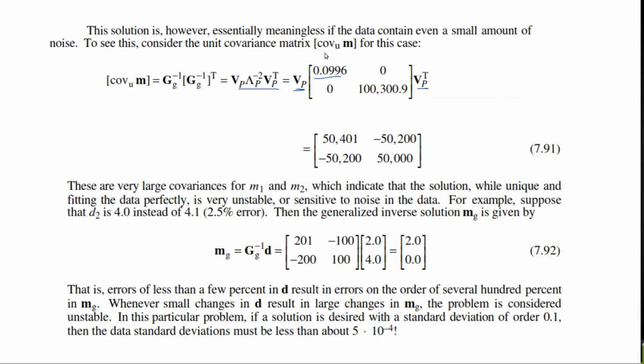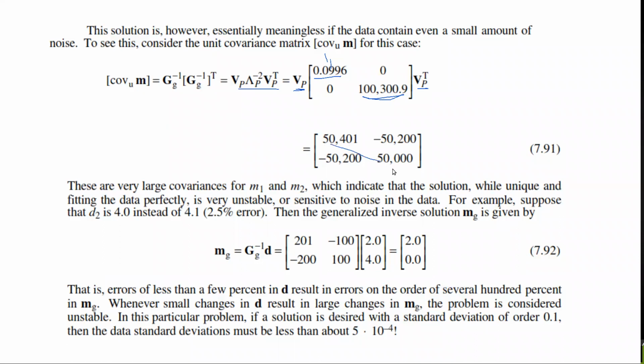Now look at this. This is 1 over the square, the reciprocal of the square of the first singular value. But look at this value here. This is a huge value, 100,000 something plus. So then our unit covariance matrix is this here.